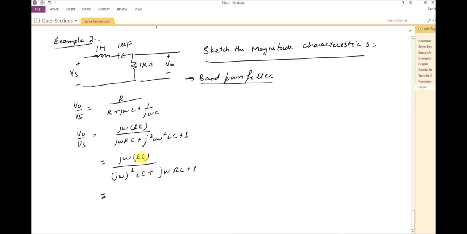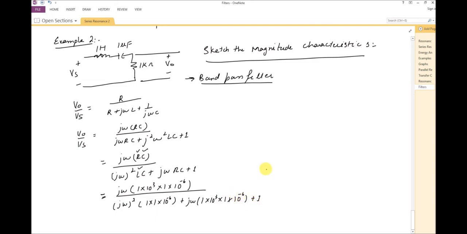So now we know the values of resistance, capacitance and inductor. After putting the values in the fraction, the value will become j omega into 1 into 10 raised to 3 into 1 into 10 raised to minus 6 over j square omega square into 1 into 1 into 10 raised to minus 6 plus j omega into 1 into 10 raised to 3 into 1 into 10 raised to minus 6 plus 1.